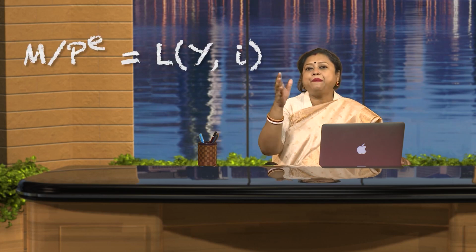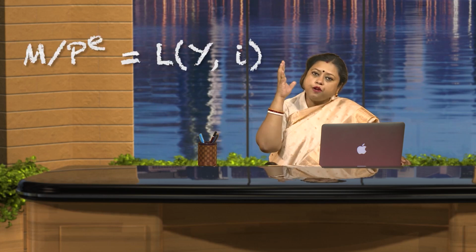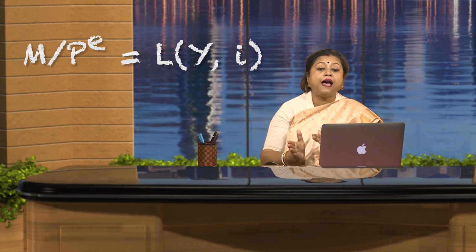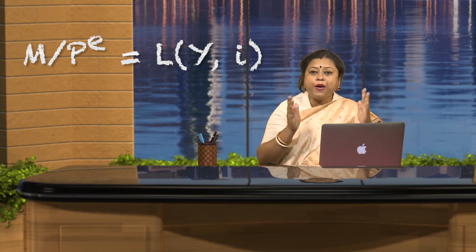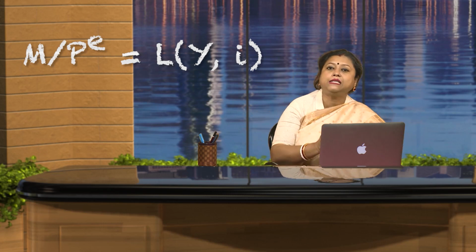So if you look at this slide, we have the price expectations effect. I had previously, in my first slide, written about the money market equilibrium condition, where I said it was M by P is equal to L function of Y comma I. But here we have introduced expectations. So we have to introduce a role of expectations in the money market.